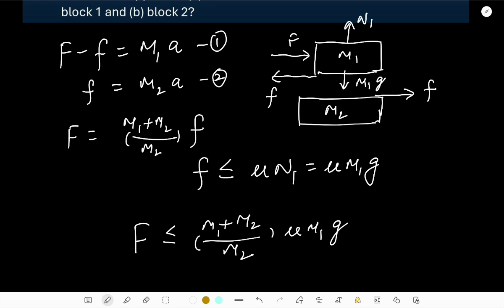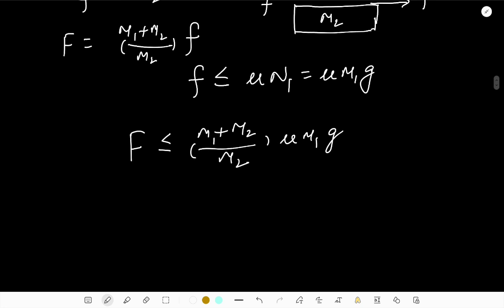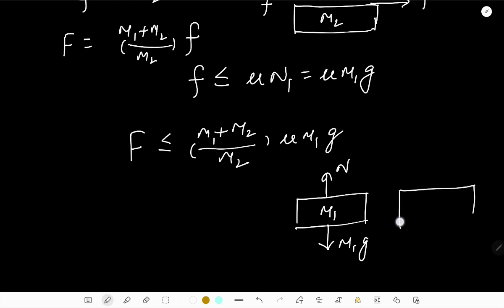To solve the second case in a similar manner, I don't have to do anything else except draw the free body diagram. So I am going to draw the free body diagram of mass m1, and in the vertical direction I have shown N, no need to show N1, N alone will do. So N equals m1g. I will show friction on it later, let me first try m2. The applied force from outside now acts on m2. Let me call this force F dash.